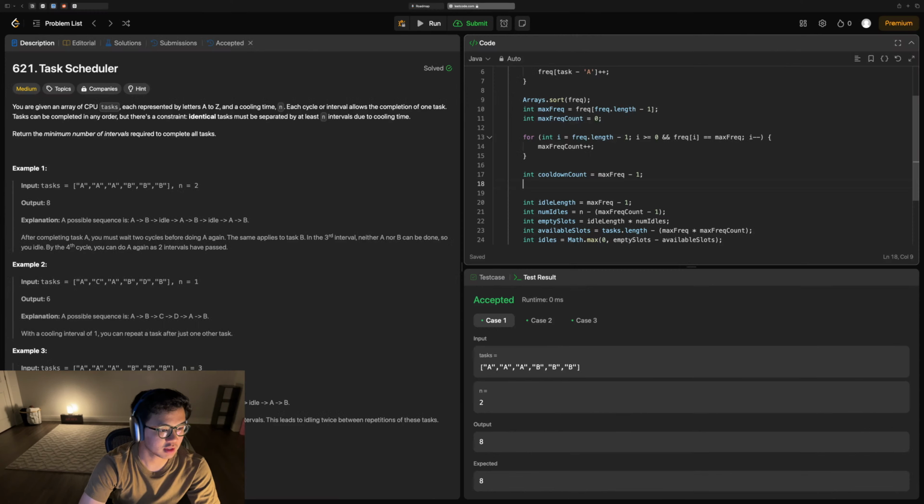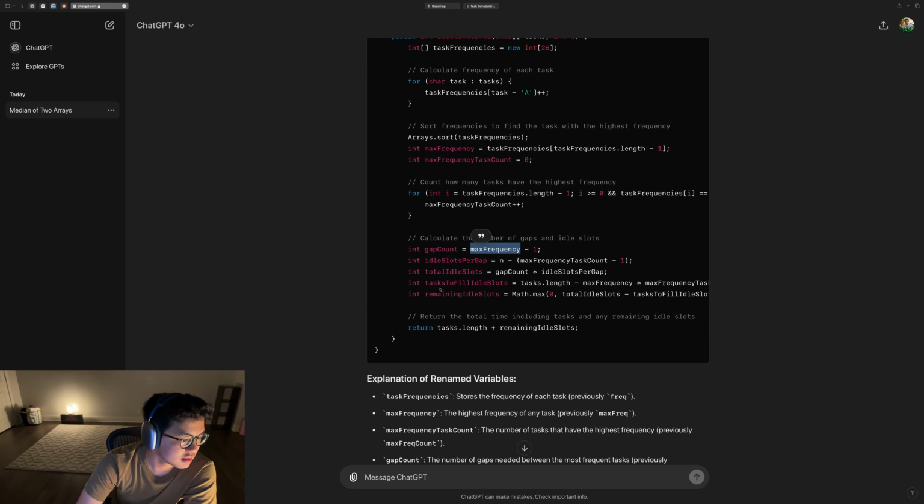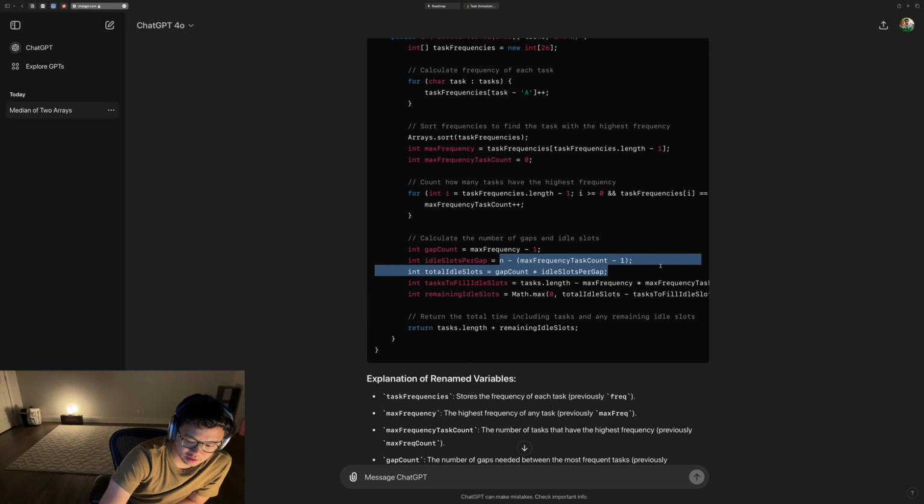Idle slots per gap. So we need to calculate n minus max frequency count minus 1. See, how does this get us idle slots per gap?